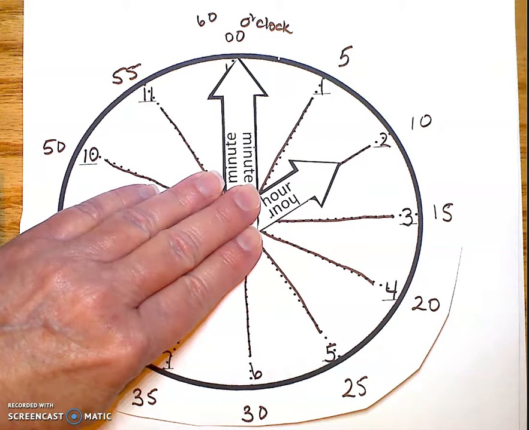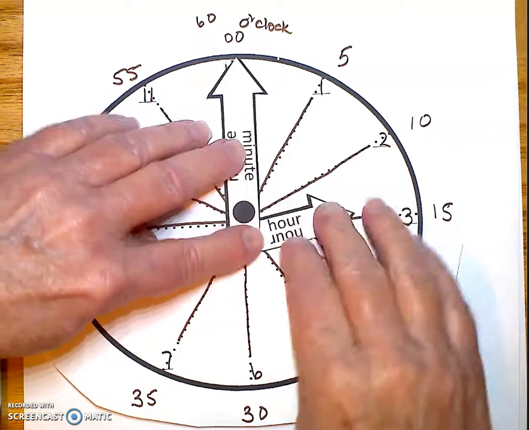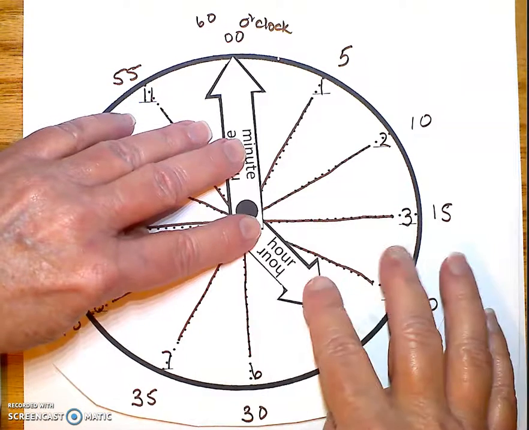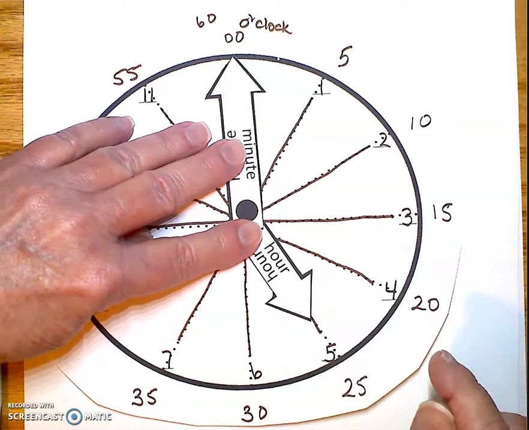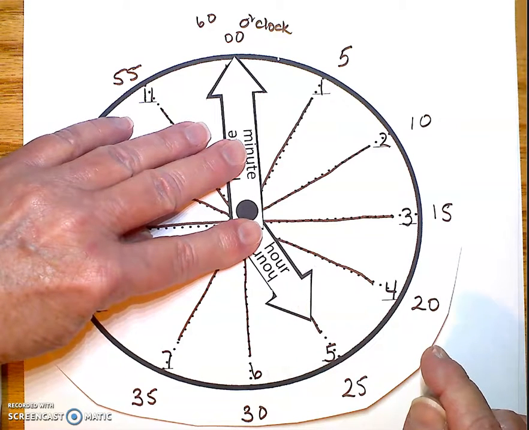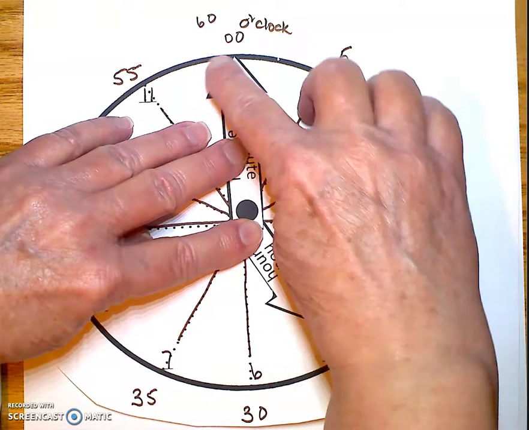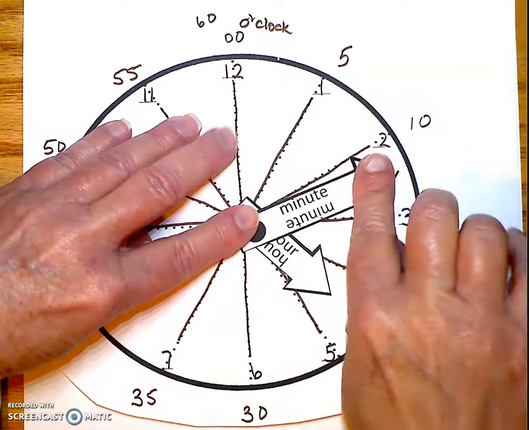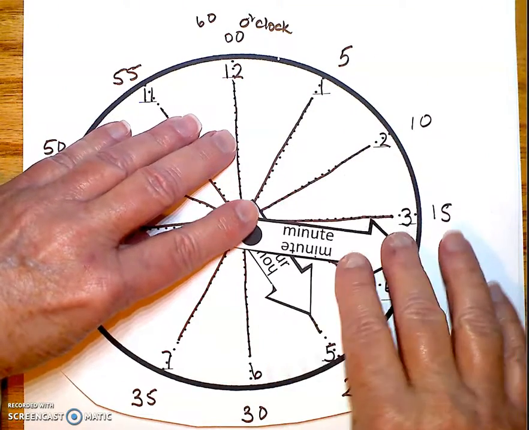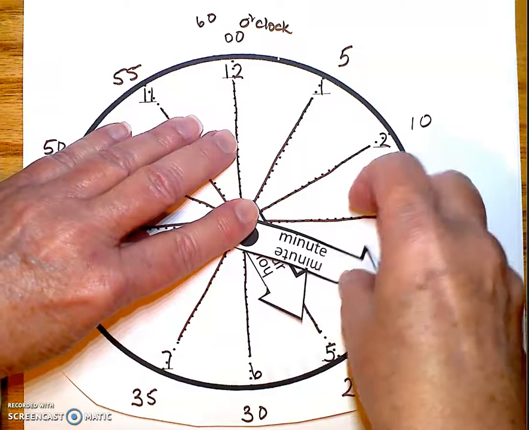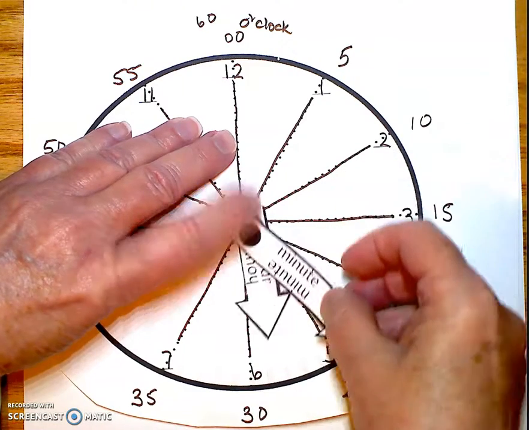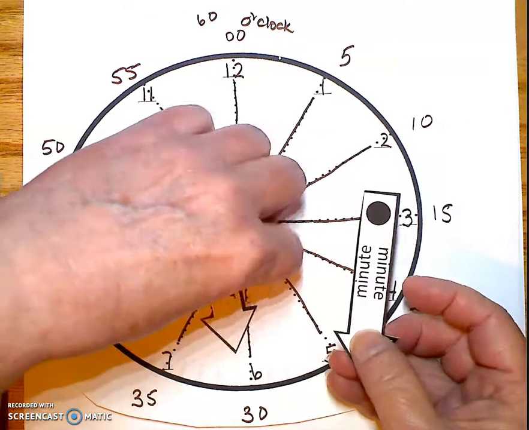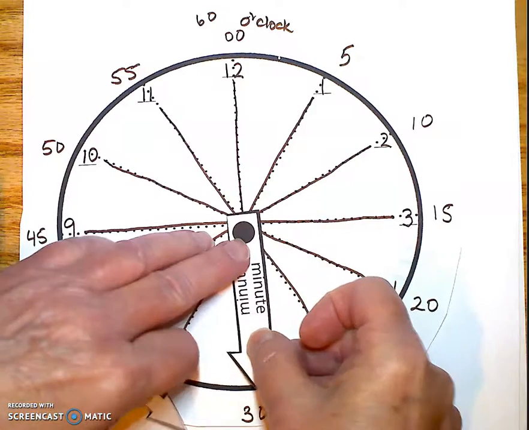Let's make 5:30. Now, when it's 5 o'clock, it looks like this. But as the minute hand moves halfway around to 5:30, oh my goodness, they got stuck together.